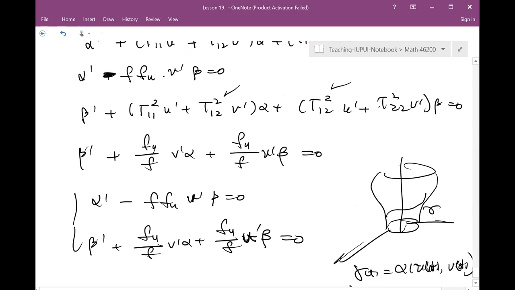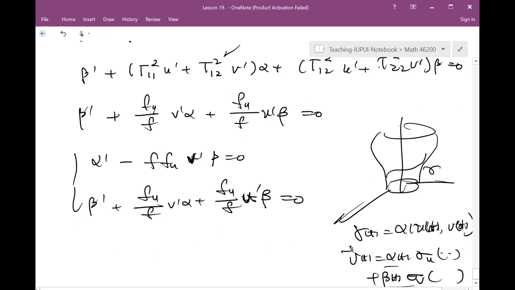Yeah, this is a v, it's not u. But I think it's not easy to solve it, right? Can you solve it? No. But there's some special curve.